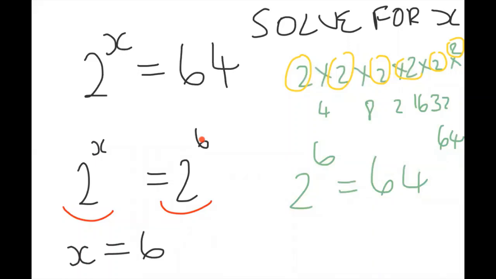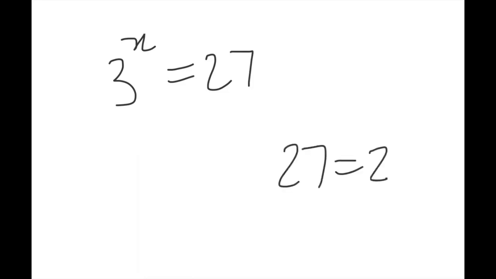Let's do another example. 3 to the power x equals 27. We can say 27 is 2 to the power whatever, but we don't want to do that. Why not? Because there is a 3.